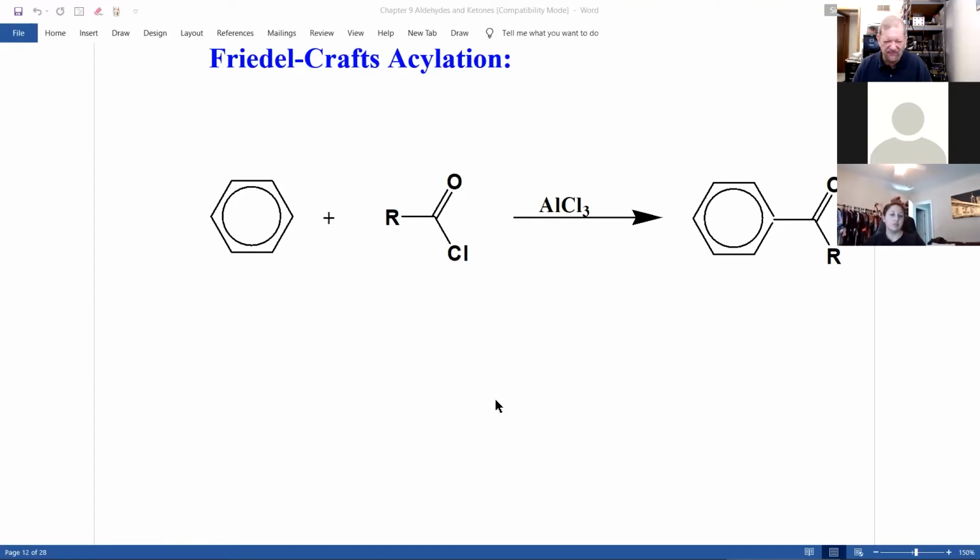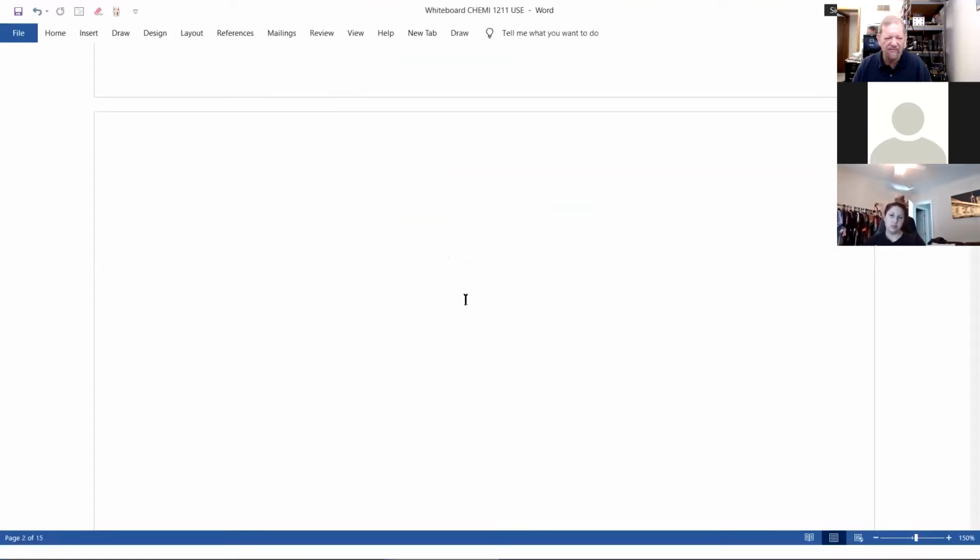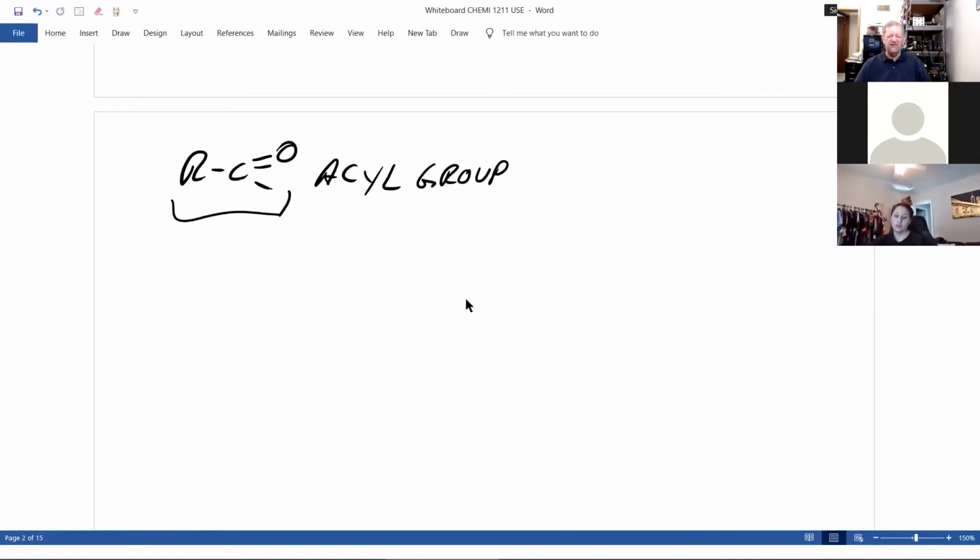So let's take a look at this. Now, first of all, and this I'll never ask on a test, I don't really use it except here in this class. This is an acyl group. So Friedel Crafts acylation as opposed to alkylation, take a benzene ring, and then this new molecule, which I don't have enough time to talk about really this semester, this is called an acid chloride. And it's a very reactive functional group that I've worked with.